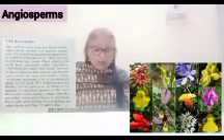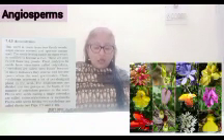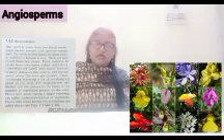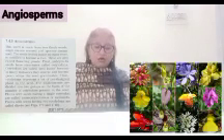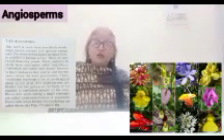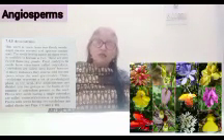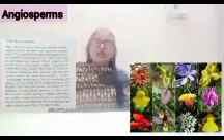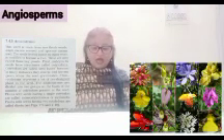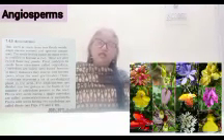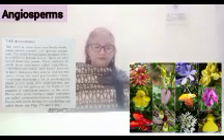The plant embryo in the seeds have structures called cotyledons. And these cotyledons are known as seed leaves. Now why are they known as seed leaves? Because in many instances they emerge and become green when the seed germinates.